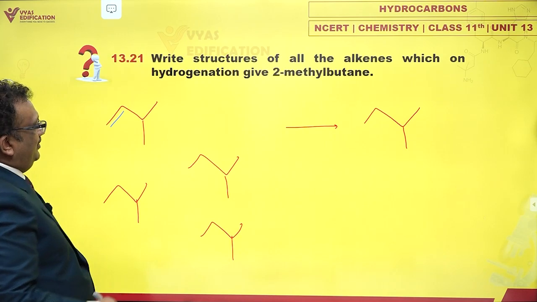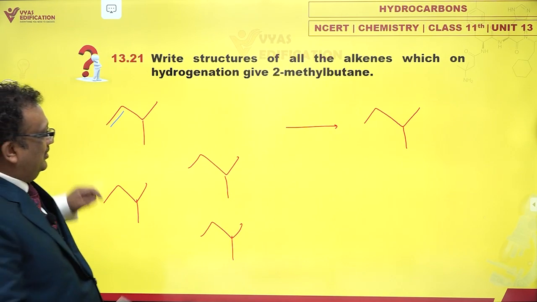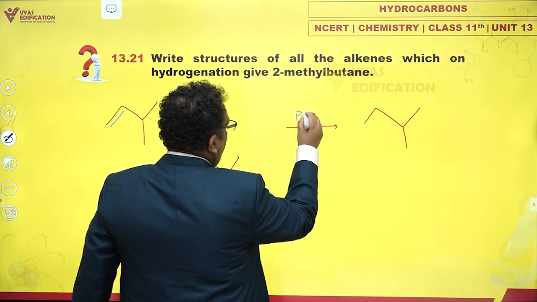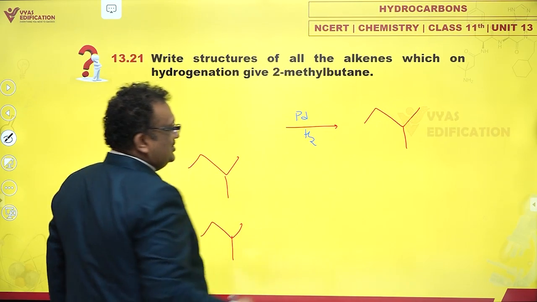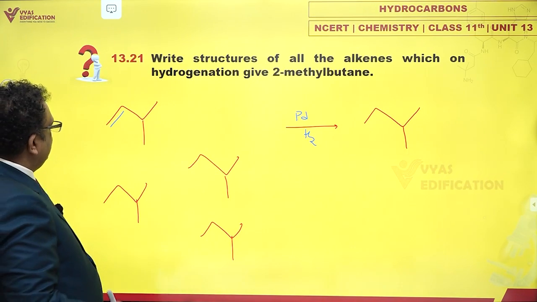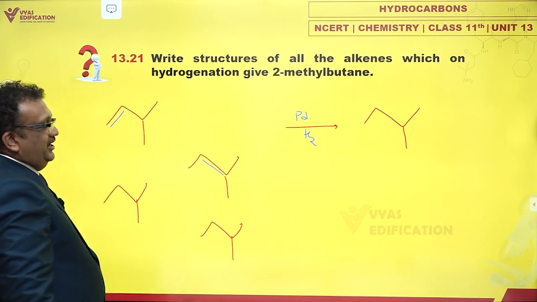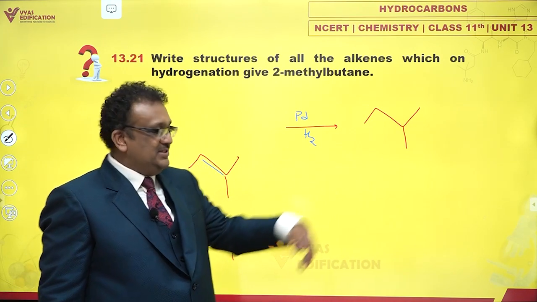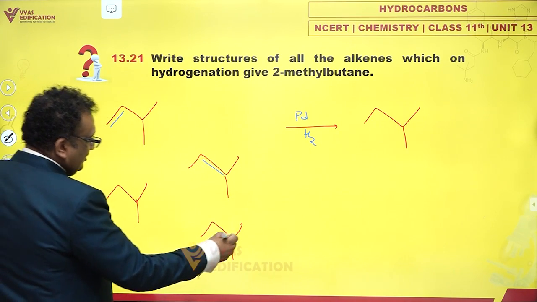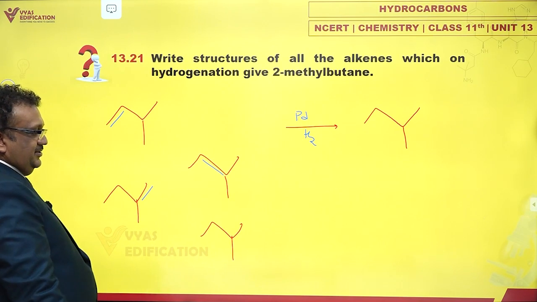If this is an alkene, on hydrogenation, this pi bond will be removed and I would get this. The structure would remain the same. Yes. This is a second alkene which can give me that. Yes. And this is a third alkene which can give me that.